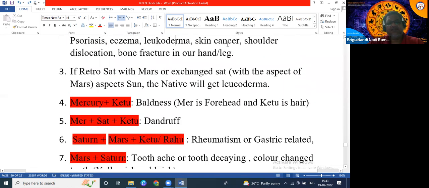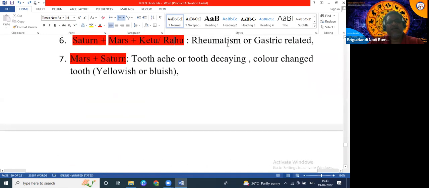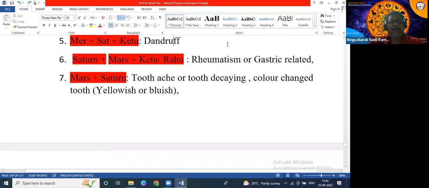Saturn is also dust here. You see some people who eat pan masala and pan parag, generally their teeth will be decayed. That is because of Saturn. Even their teeth color will be changed.